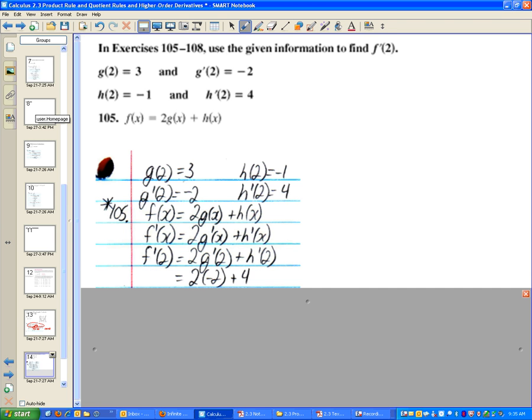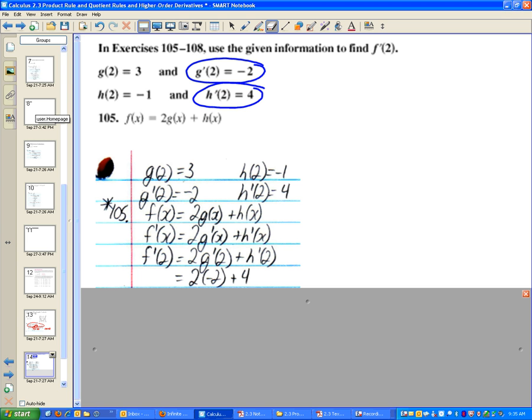So we have 2, and then they tell us that g prime of 2 equals negative 2. So replace g prime of 2 with negative 2. Plus, and then we need h prime of 2. Well, they told us what h prime of 2 is. It's 4. So replace h prime of 2 with 4.